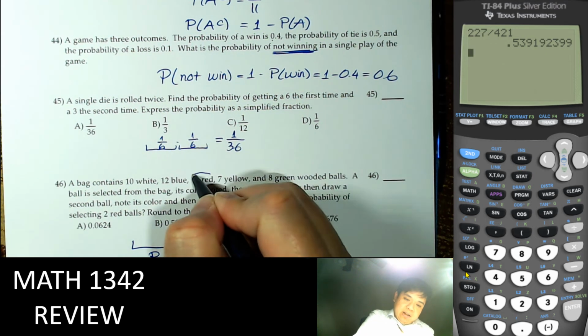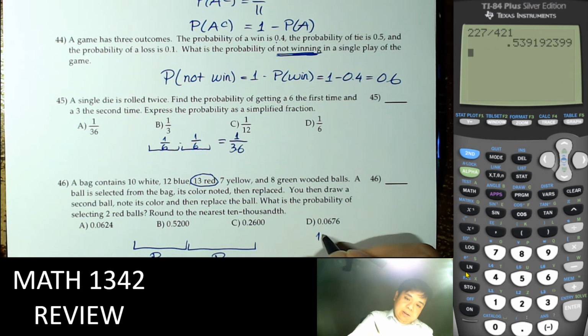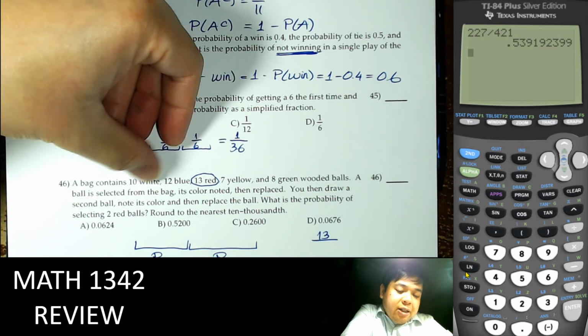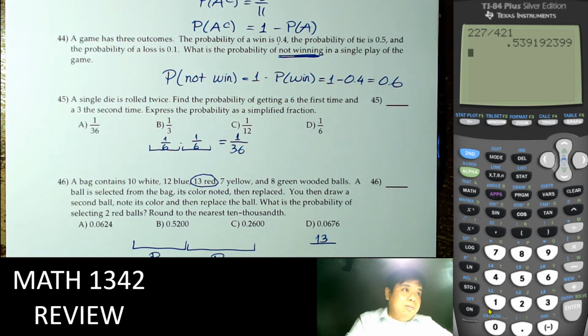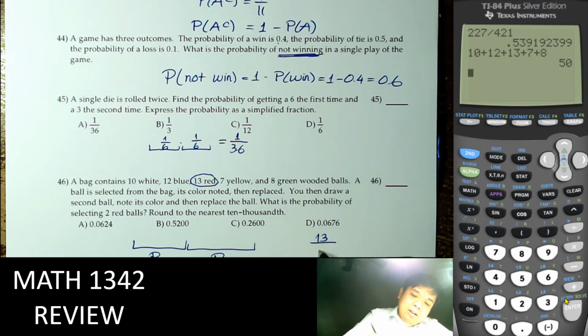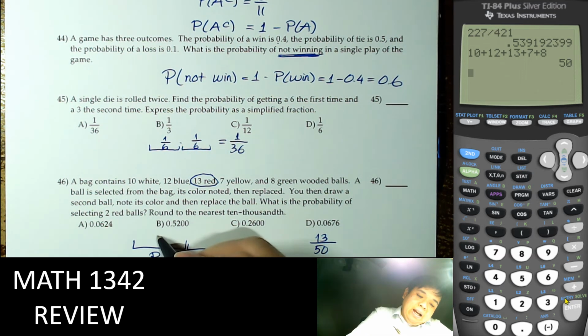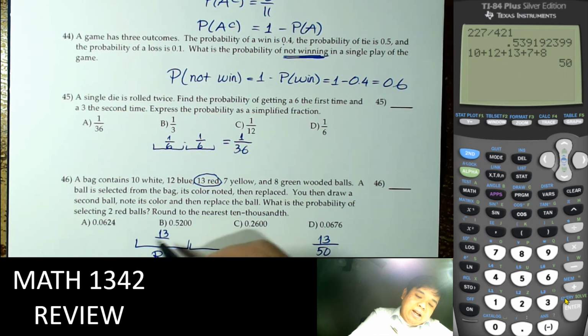So 13 red out of how many? 10, 12, 13, 4, 8. That adds up to 50. So the first one is 13 out of 50.